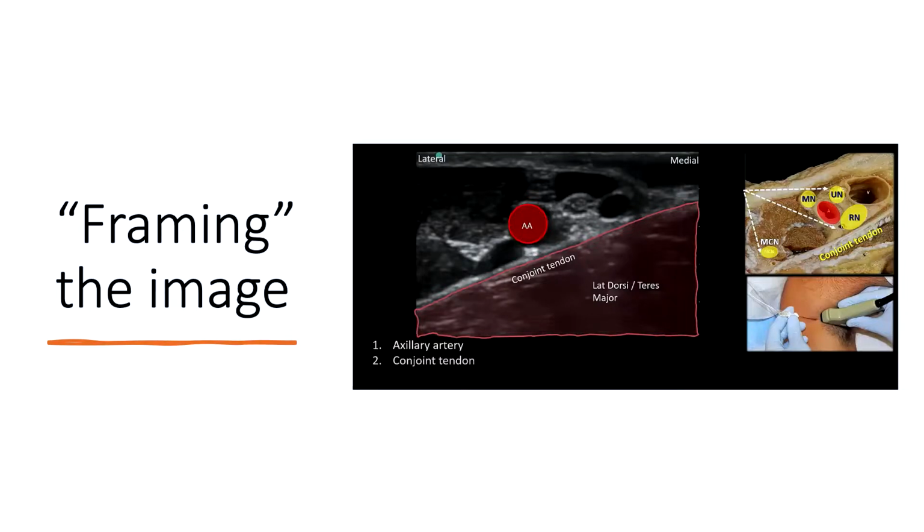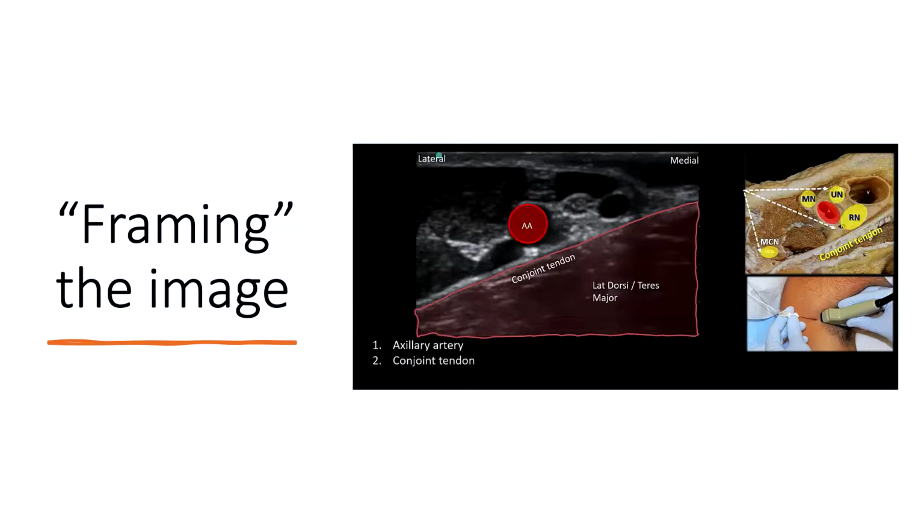And when you get to the conjoint tendon, you will realize that the radial nerve, which is a large nerve, but it's difficult to visualize because the window of opportunity is very short before the nerve turns behind the humerus, is very easily identifiable there when you just realize that the nerve lies on top of the conjoint tendon. So now you know that everything that matters to you will be on top of the conjoint tendon. There will not be anything below that.